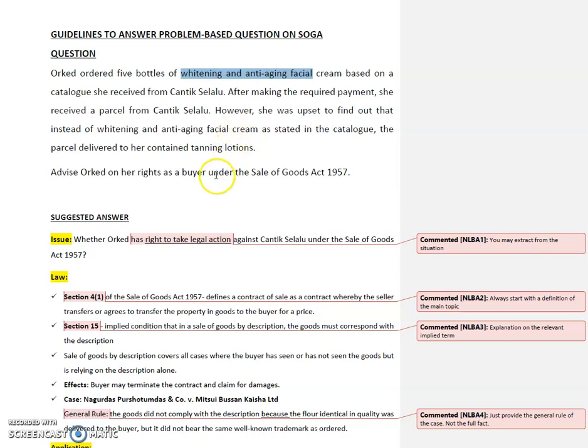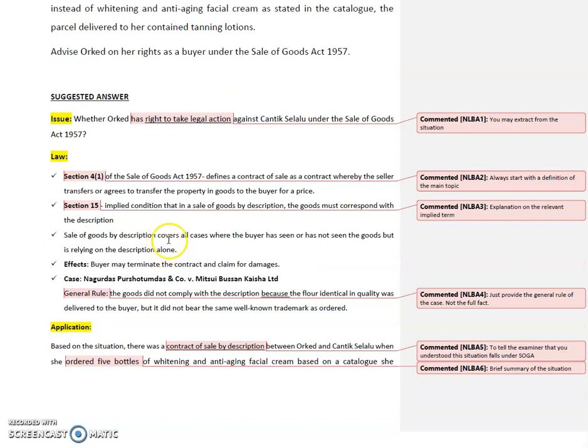So here is the suggested answer on how you answer the question according to ILAC. Please start your answer with the issue. The relevant issue should be whether Orchid has the right to take legal action against Cantik Selalu under the Sale of Goods Act 1957. Basically, the issue comes out from the question.